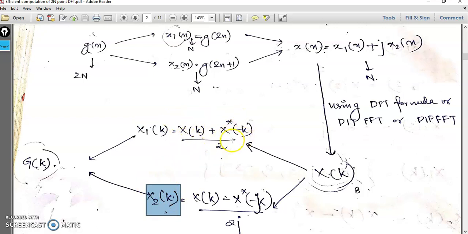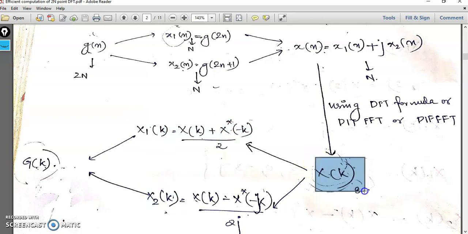Only normal addition, and you can compute x conjugate of minus k easily if we know x of k. Here it is conjugate and reversal operation only. Then from that, you can compute x1 of k and x2 of k.